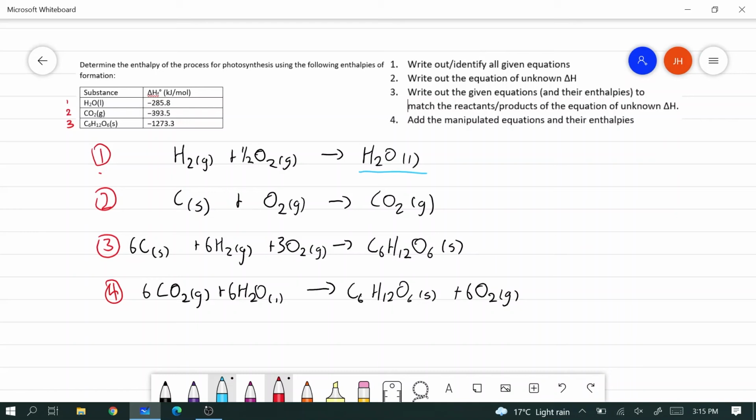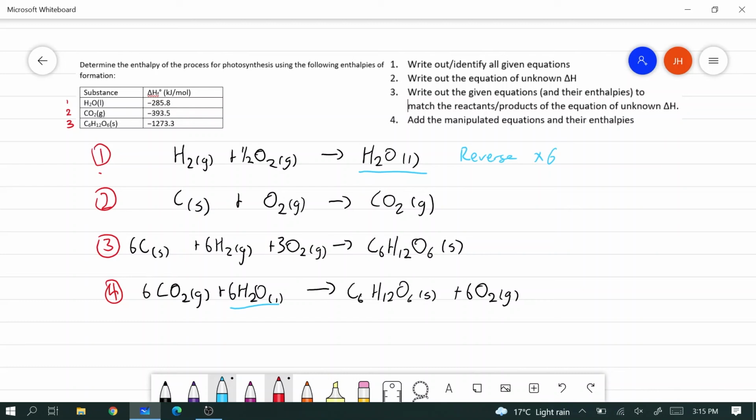What we should note is that the water in equation 4 is not on the matching side, it's on the reactant side. So what we're going to need to do in a moment is reverse the equation for formation, and that's going to have an impact on the enthalpy of formation as well. What we should also note is that equation 4 has 6 waters, whereas the formation equation only has 1. So we're also going to have to multiply the reactants and products of equation 1 by 6 so that they match up as well.